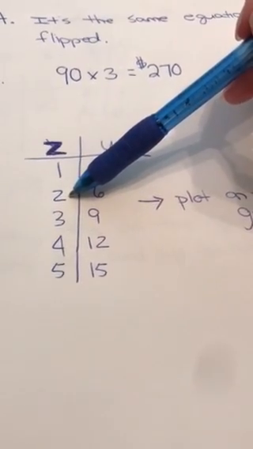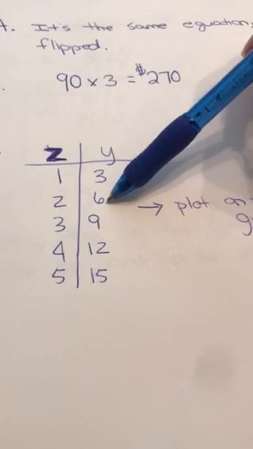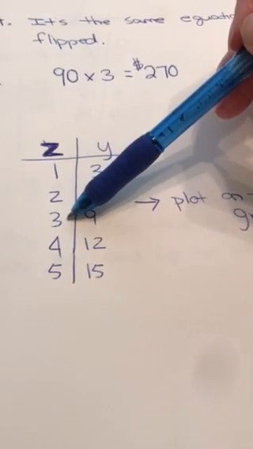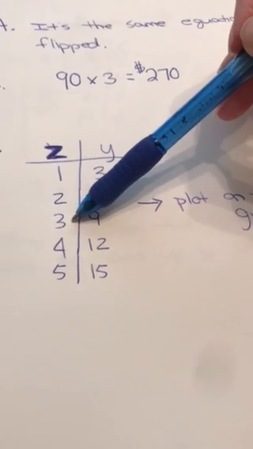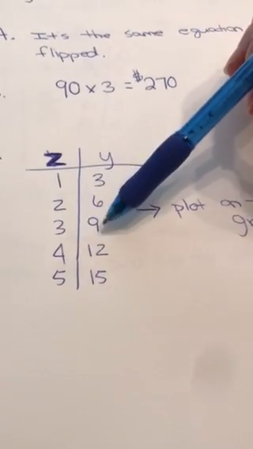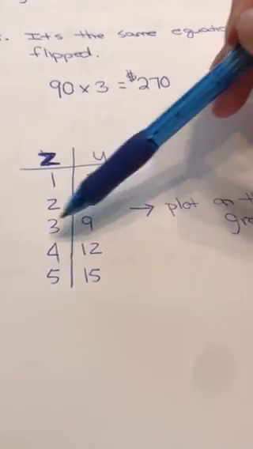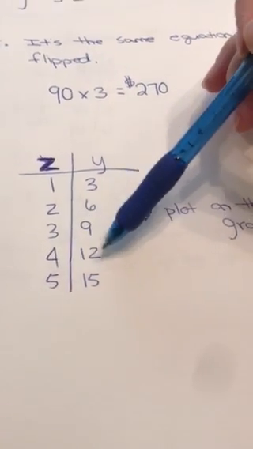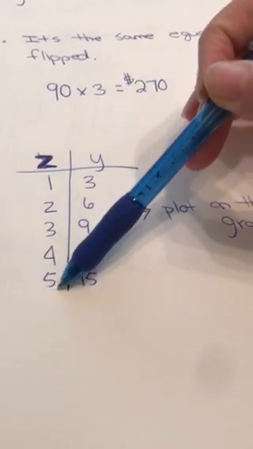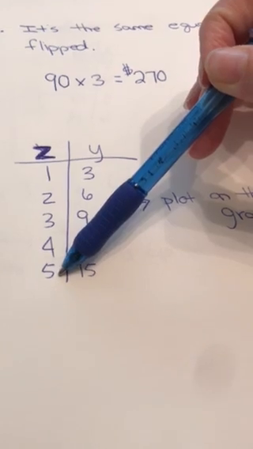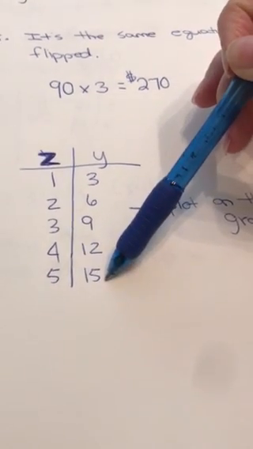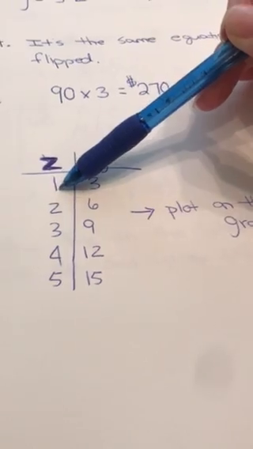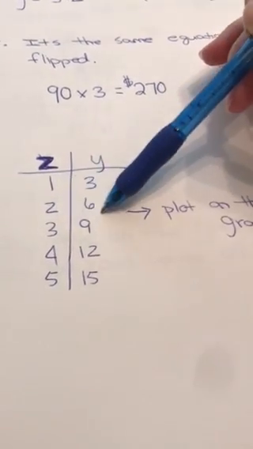Well, if I triple it, 2 times 3, my reward from Grandma is $6. If I start off with $3 and I triple it, 3 times 3 gives me 9. If I start off with $4 and I triple it, 4 times 3 is 12. And then if I start off with $5 and I triple it, I'm going to get $15. Okay? So input, output, input, output.